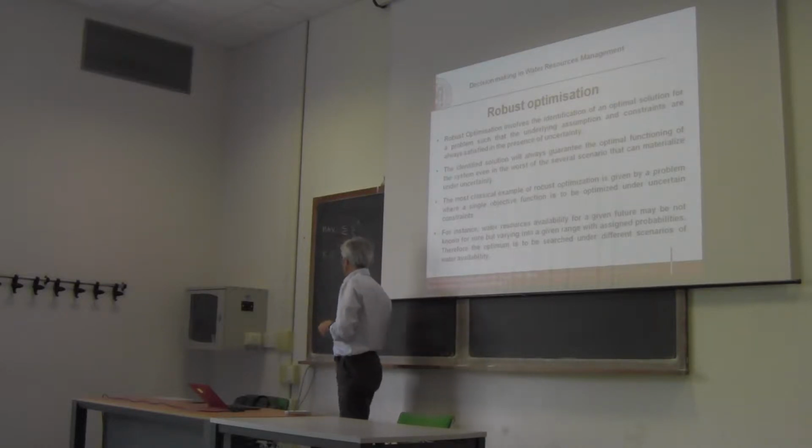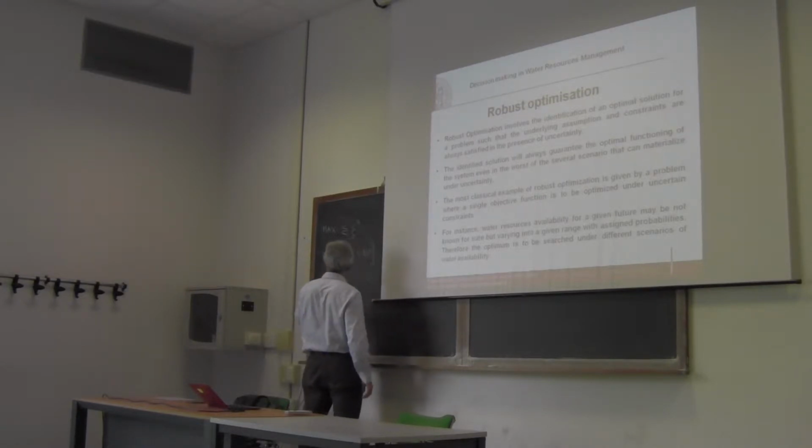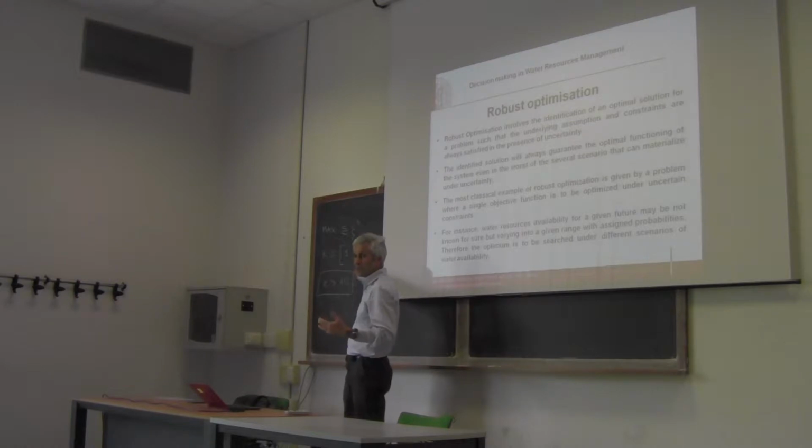So we may say that k, for instance, in order to make reference to this example, should be greater than 10. This is a constraint, which is different than saying look for k inside this interval.